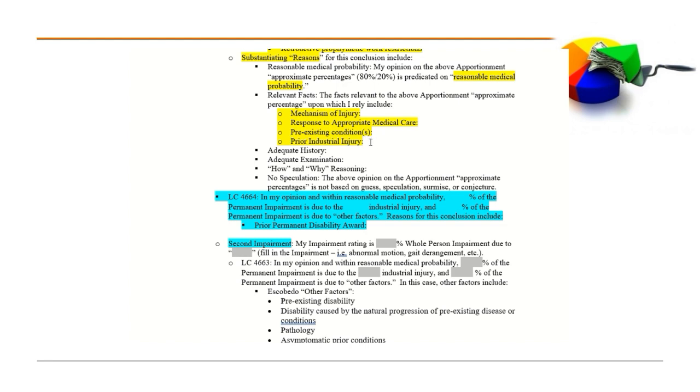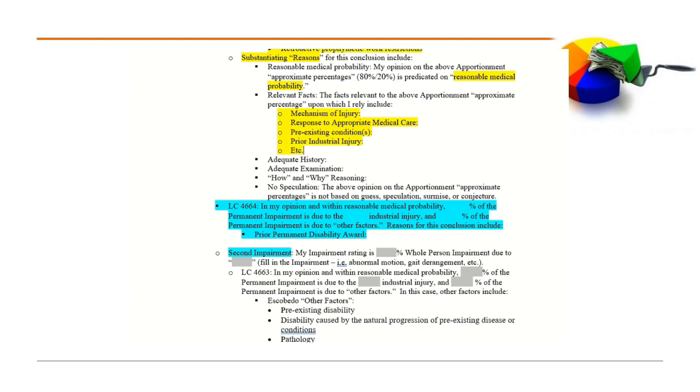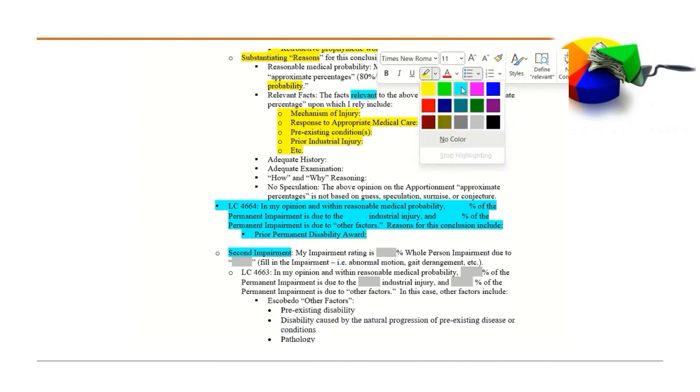And this is not a complete list. You can add on to this list as the facts support in your particular case. But here is where you give us the facts and you tell us how those facts are relevant to the apportionment approximate percentages. In other words, the facts must relate to the percentages. They're not just simply facts. They have to be facts that are relevant.